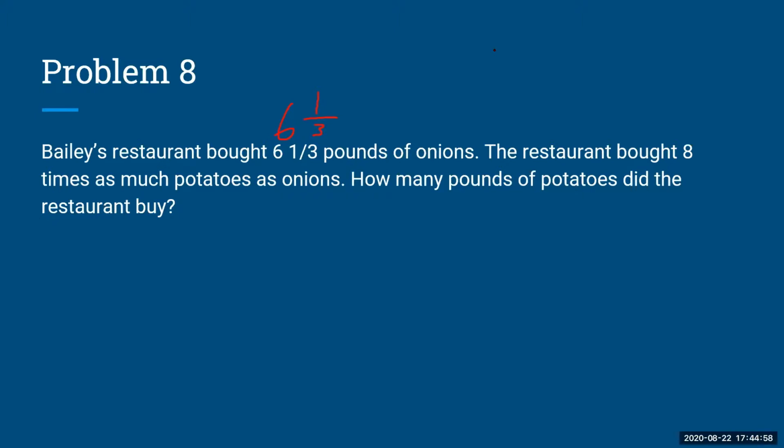Let's see. I'm getting a lot of different answers. Really weird. There's not 152 potatoes. There's that many pounds of potatoes. Yeah, that's right.